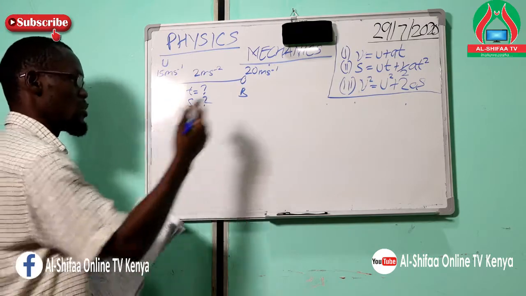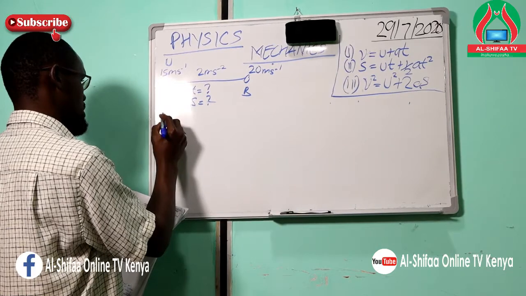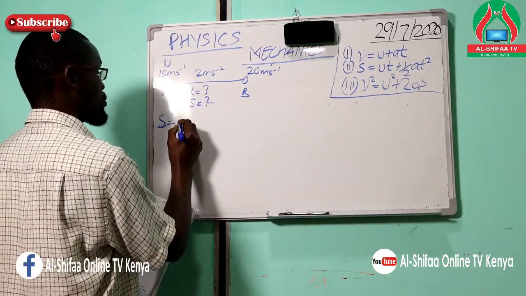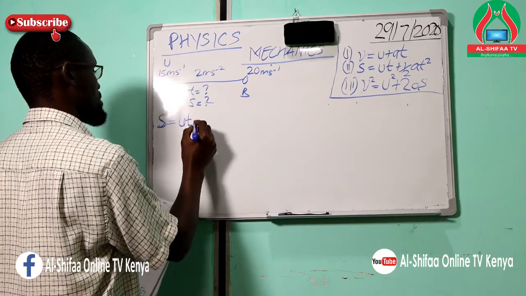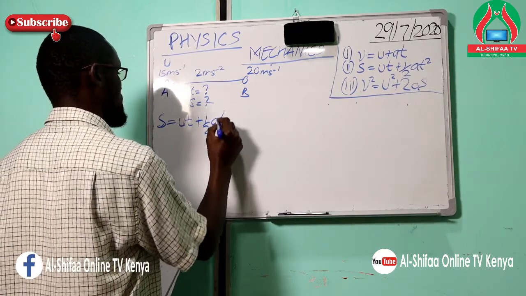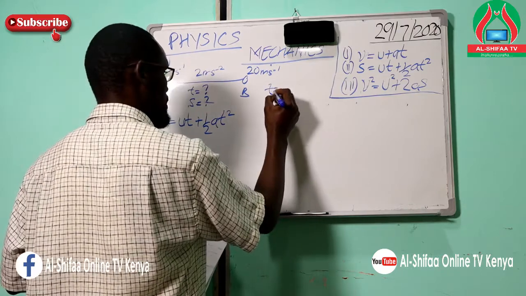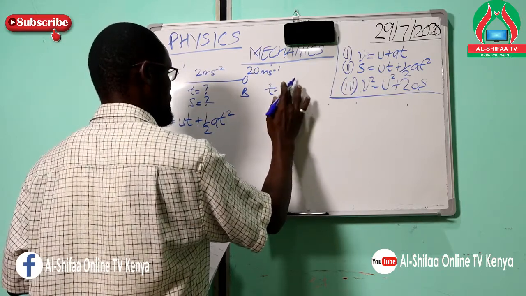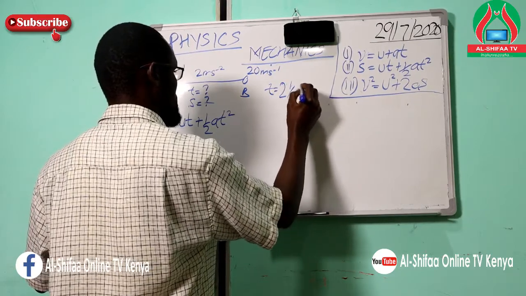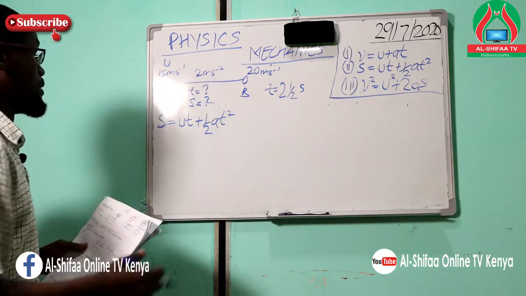So let's say we go with equation 2, what do we get? We are given that S, or displacement, is equal to initial velocity times time plus a half times acceleration times time squared. We have our time now, which is 2.5 seconds.